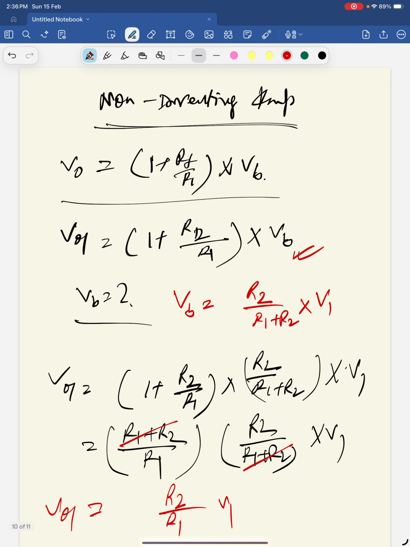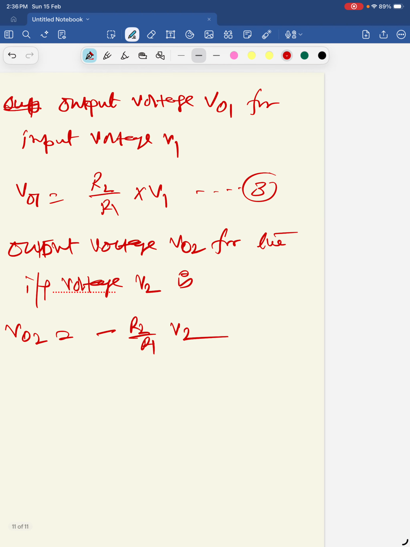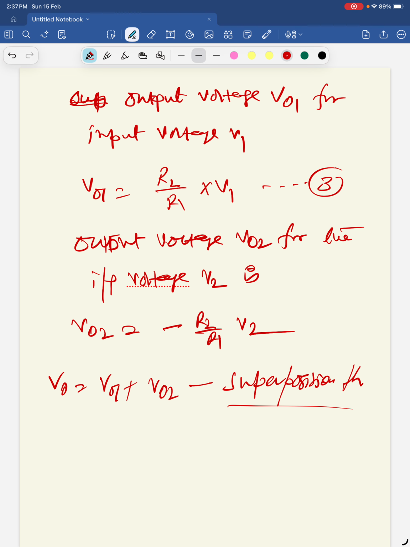See, minus R2 by R1 into V2. Now, what is V0? V0 is V01 plus V02. Just simply superposition theorem. Simple addition of these two voltages, linear addition.